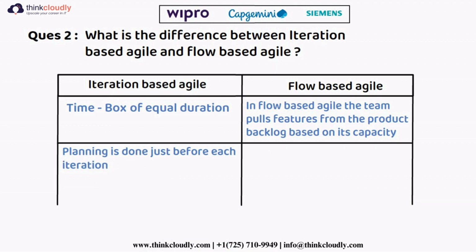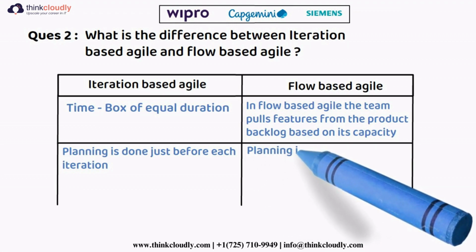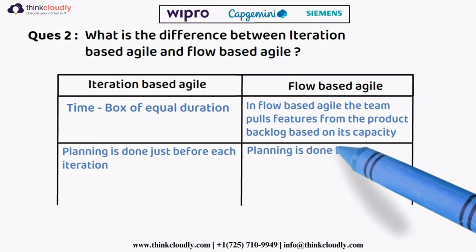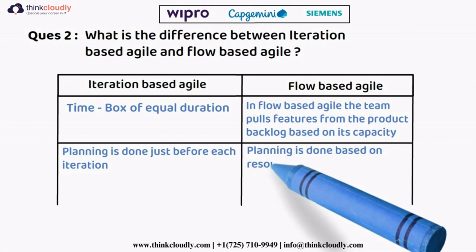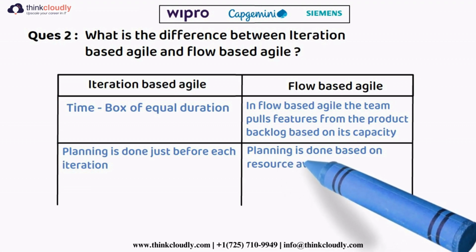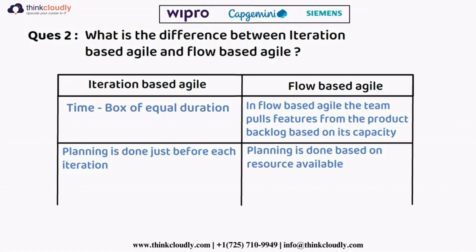Before every iteration we do the planning. But in flow based agile, planning is done based on resources available.